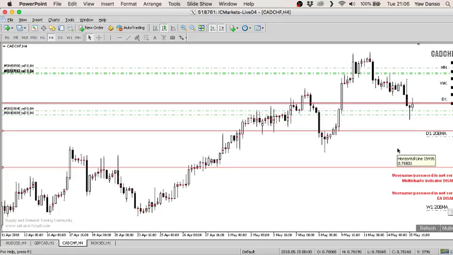The retail traders are the bottom of the food chain. And I stress it again, we can't move the market our way. We can't move price our way.